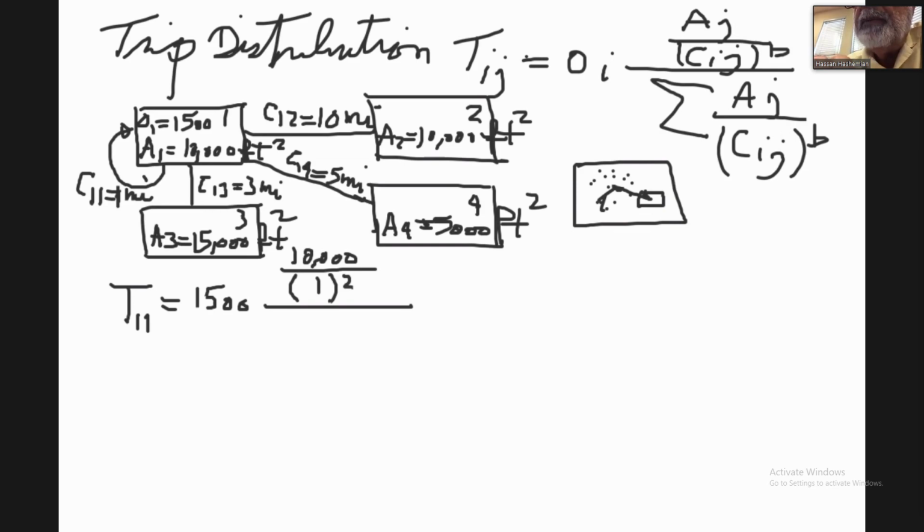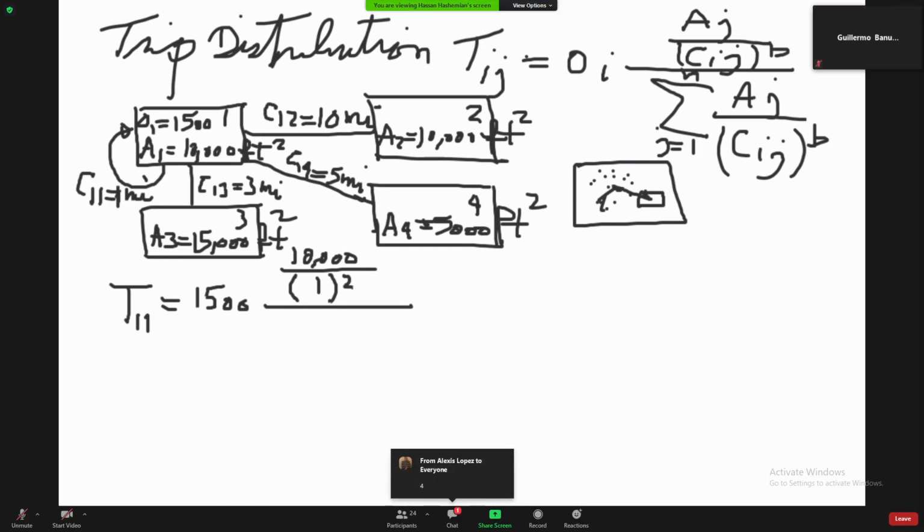What would be the denominator? The denominator is the summation for all J's. So how many J do we have in this problem? Is it 4? There are 4 shopping centers, 4 destinations, correct?